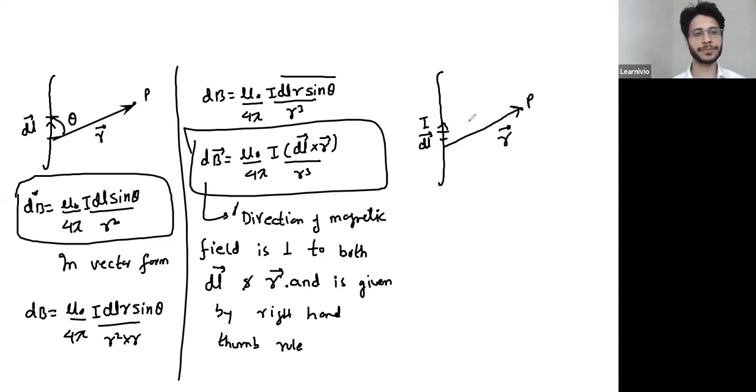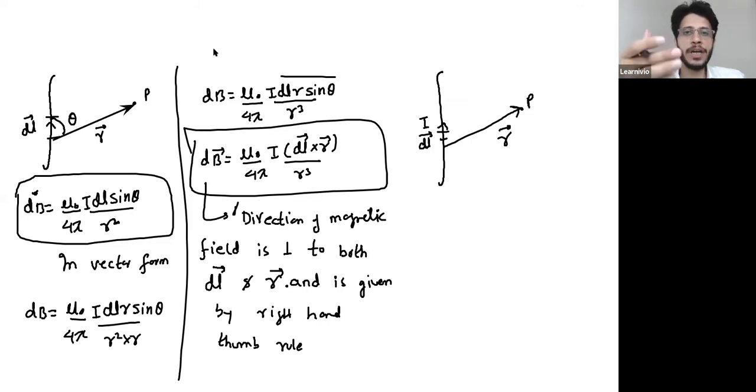Z, right? If I take a perpendicular here, it could be perpendicular to dl, but it's not perpendicular to r. If I take a direction here, it is perpendicular to r, but not to dl. You need something perpendicular to both dl as well as r.